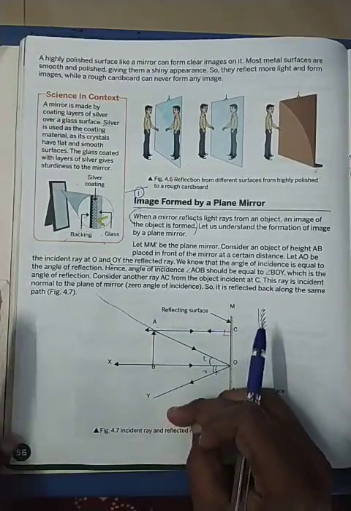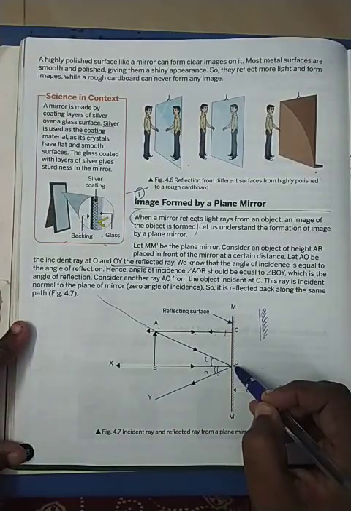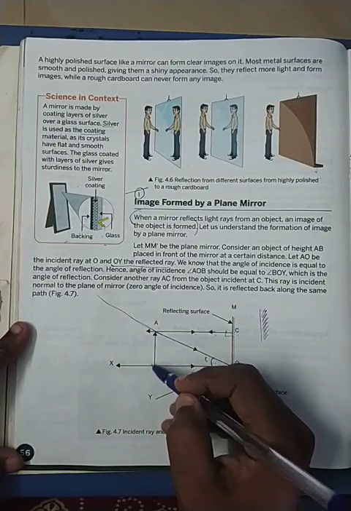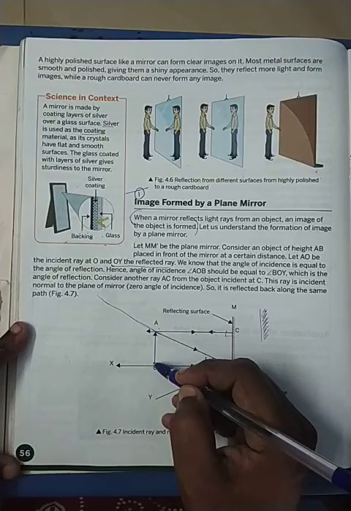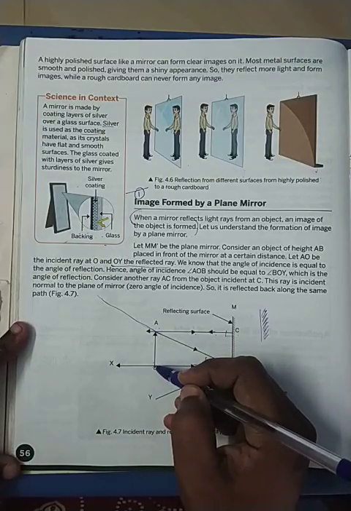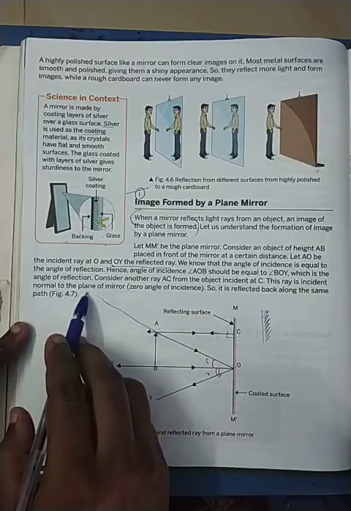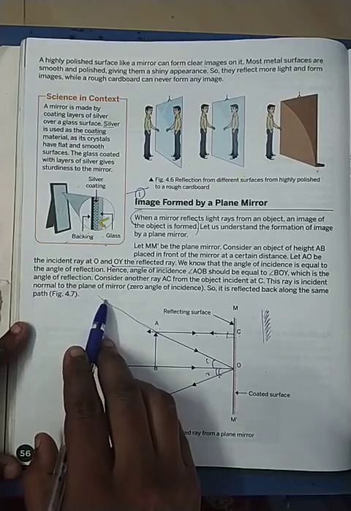So we have considered a mirror MM dash with a midpoint O. Now I have an object of height AB. You can take an example of a pencil, a small box, a small teddy bear or a candle, anything. We are not talking about only one ray.